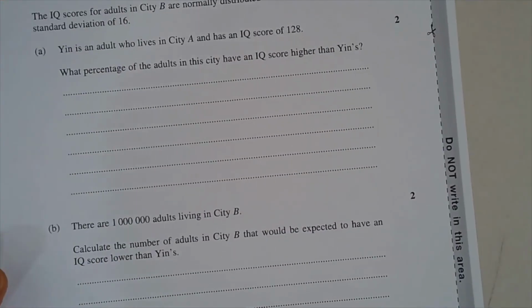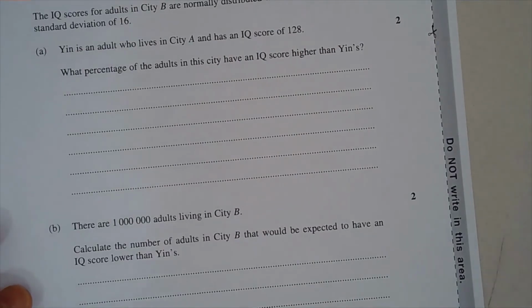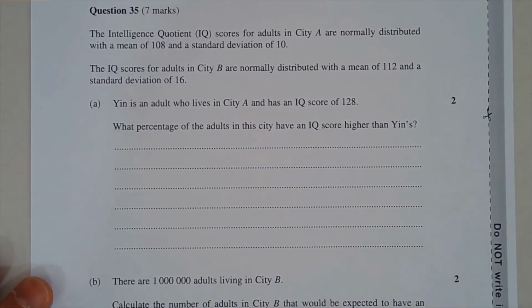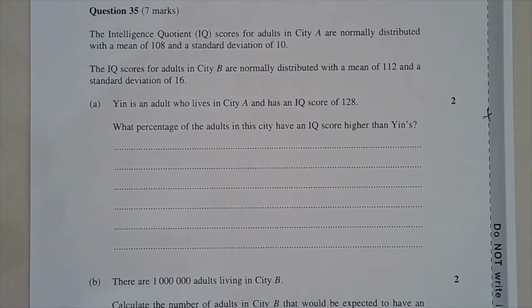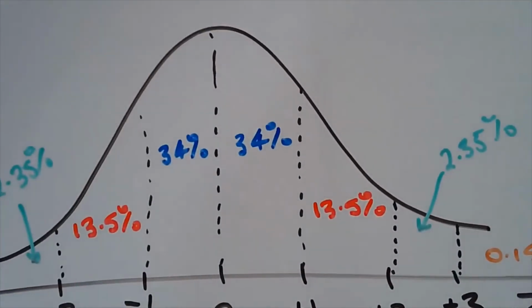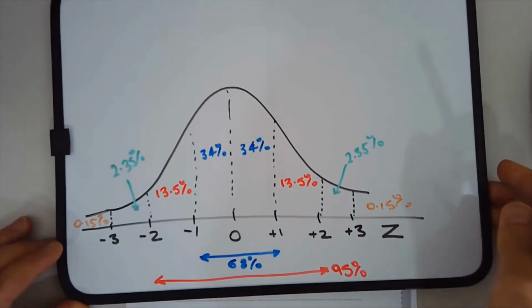Part A. Now, this is to do with the normal distribution. So this is the bell curve. Now you can use your formula sheet. Obviously, it's got the empirical rule. I've just hand drawn it here, so I'll be referring to this.